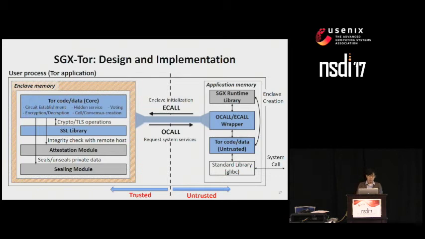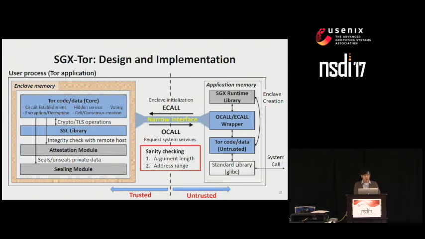For this, we leverage the eCall and OCall interface, which is provided by the Intel SGX SDK. Here, a function that enters the enclave is called an eCall, and a function that leaves the enclave is called an OCall. We use eCalls to bootstrap the Tor enclave, while OCalls are used to request service from system software.